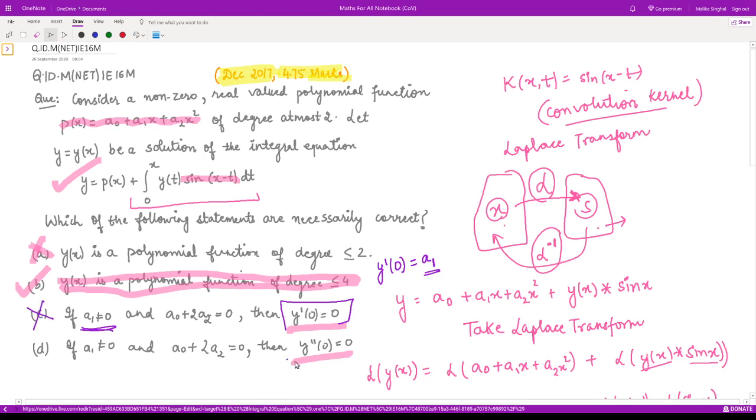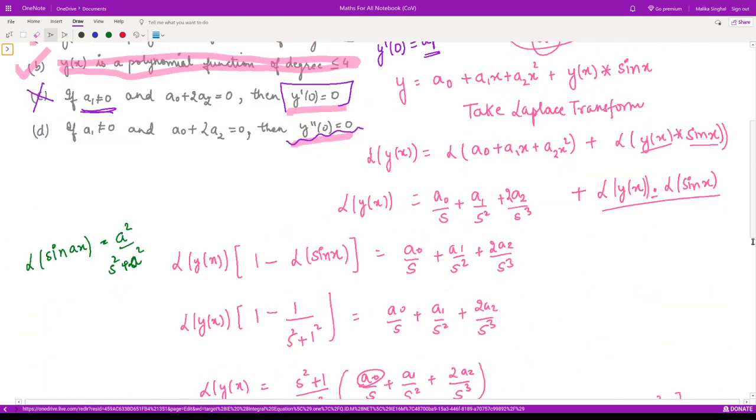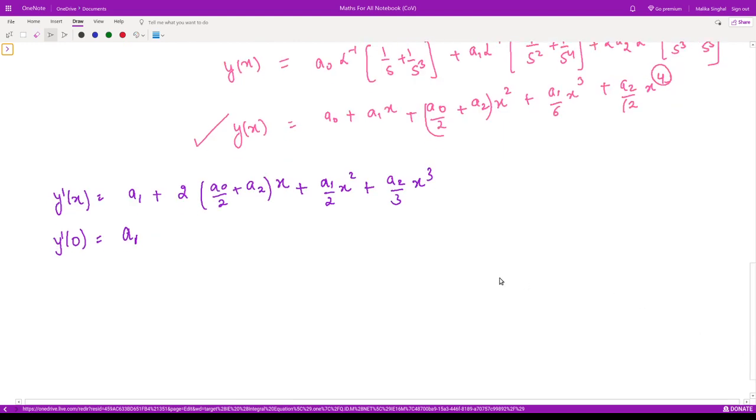So the remaining condition is this y double dash of 0 is equal to 0. Let us calculate that also. So we have y dash of x. So we can take the double derivative. We would get this term being constant is 0.